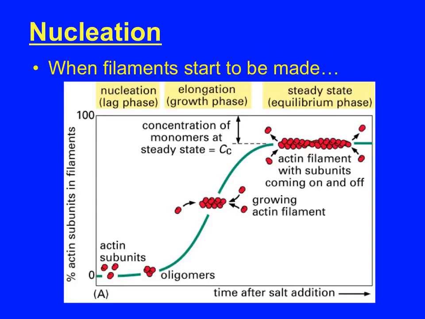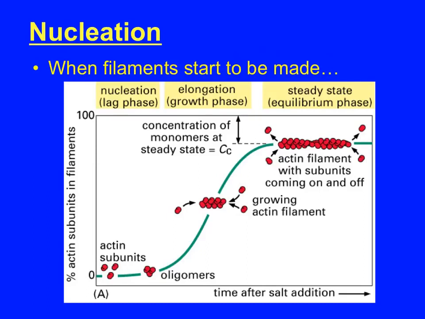The more subunits, eventually they're going to bump into each other. And then at some point, they call this the nucleation phase because you don't have a filament yet. You just have some subunits. After a certain amount of time, we call that growth, and now you have a filament.